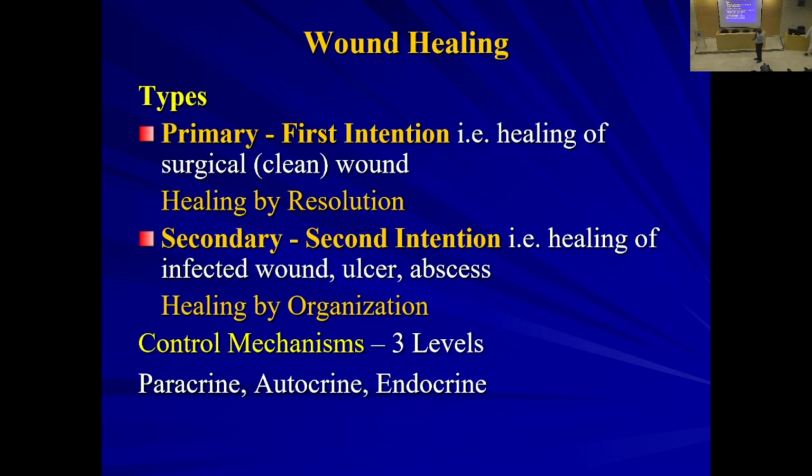The examples here, if you have an infected wound or an abscess cavity or an ulcer, there are a number of control mechanisms that take place between the various components of the skin, not only the epidermis, but also the subepidermal tissue, the blood vessels, etc. And they are divided into paracrine, autocrine, and endocrine factors. I will not go into the details, but I have tables that I will show you in a minute.